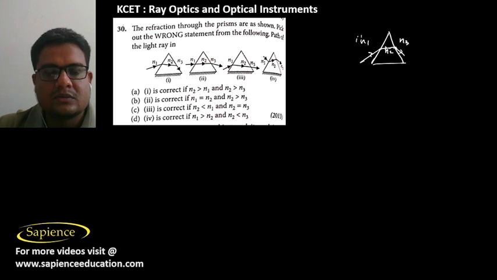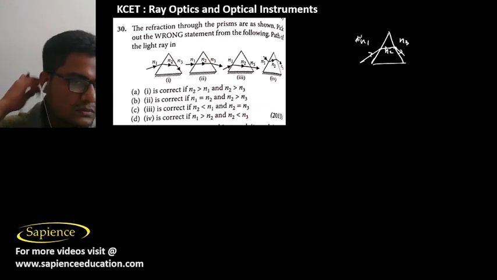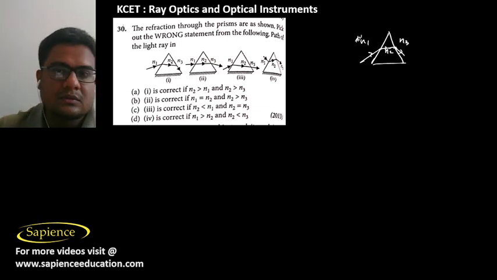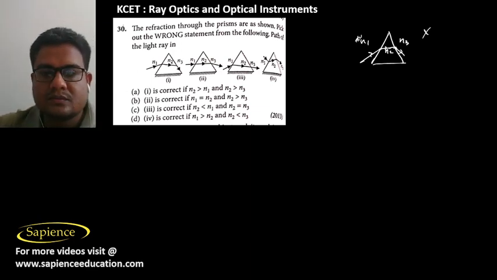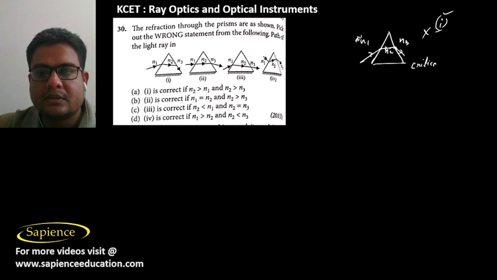So then the first one is wrong. It is not always true. The first case will happen only if on the second surface the angle of incidence is at the critical angle. The angle of incidence is equal to the critical angle on the second surface.